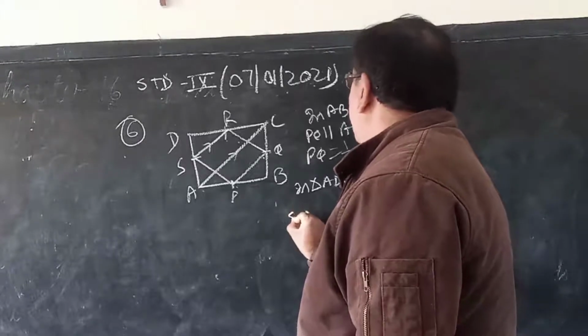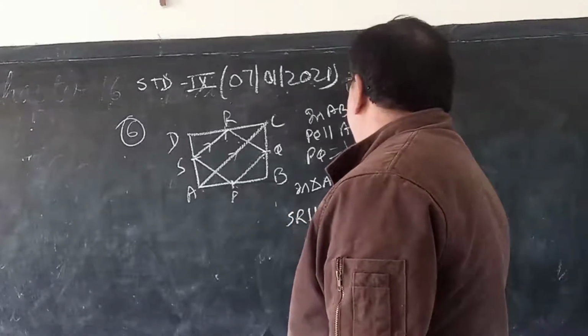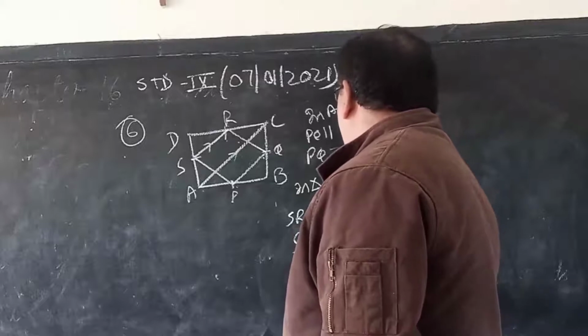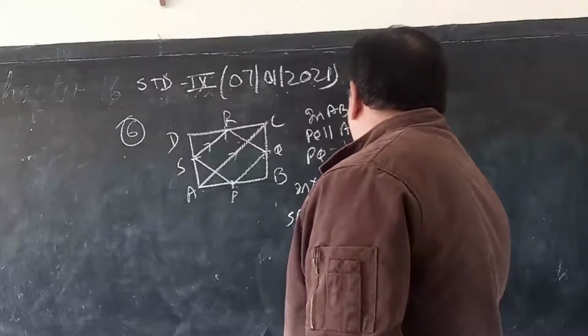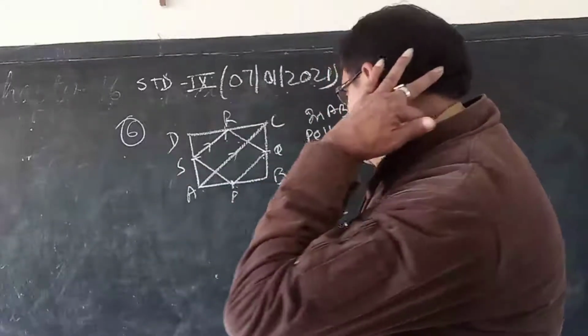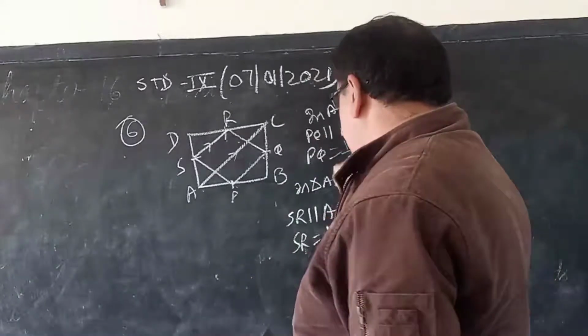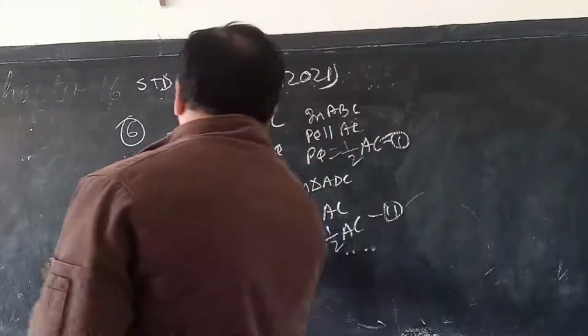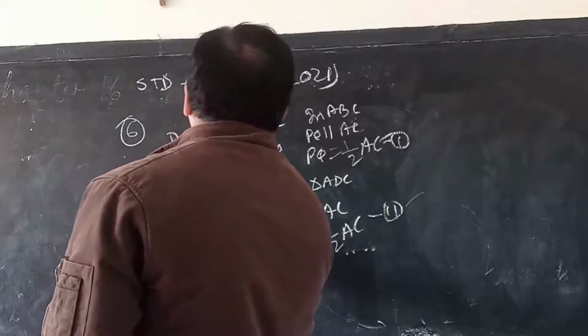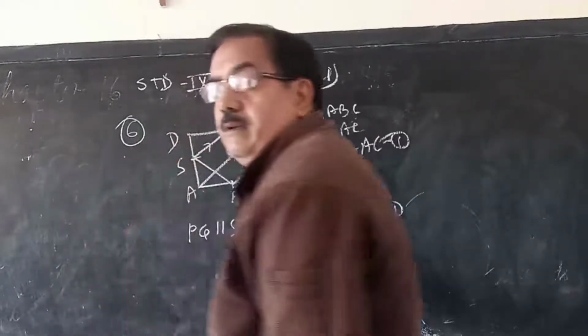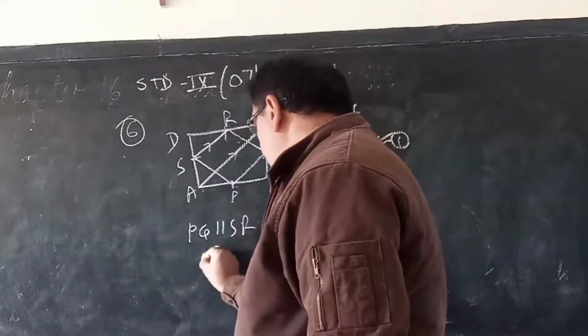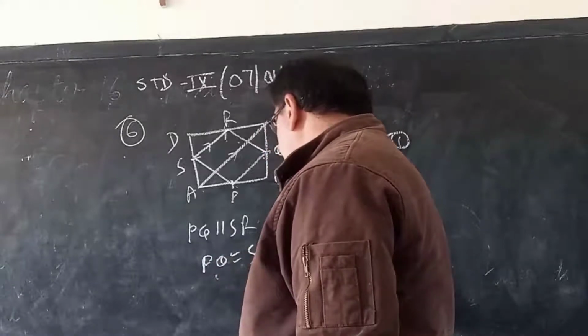So SR is parallel to AC and SR is half of AC. So from first and second, what do we get? We get PQ parallel to SR, and PQ equal to SR.